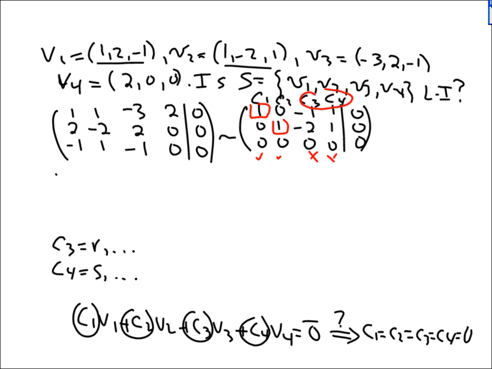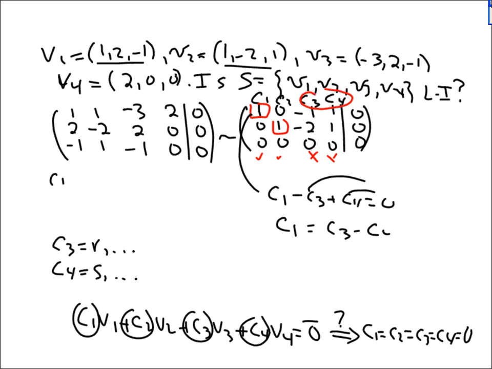Okay, now what is C1? This first row says 1C1 minus C3 plus C4 is 0. Well, bringing these to the other side, C1 is C3 minus C4. But C3 is R, minus C4 is S. So C1 is R minus S. Now what does C2 equal?